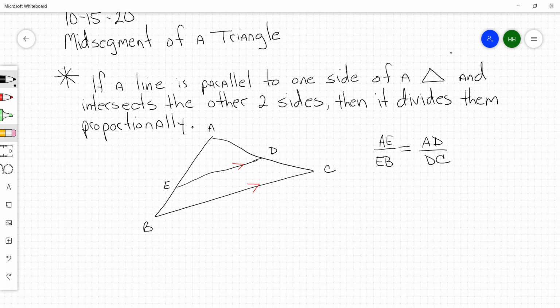See it? AE, whatever that segment length is, over EB is equal to AD over DC.